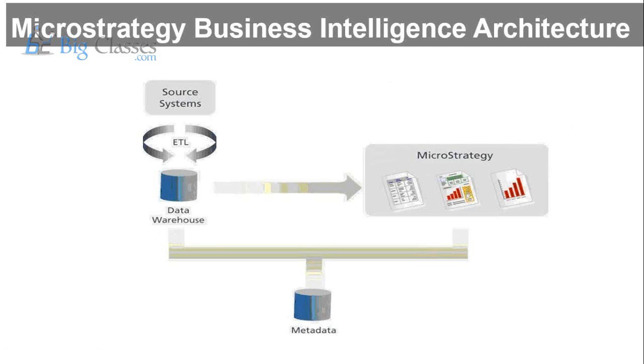Whenever you create any object, modify it or delete it, all of it is recorded in the metadata. So for example, if I run a report from MicroStrategy, it's going to come to the metadata and read the definitions of all the objects used in the report. Say I'm running a report for yearly sales.